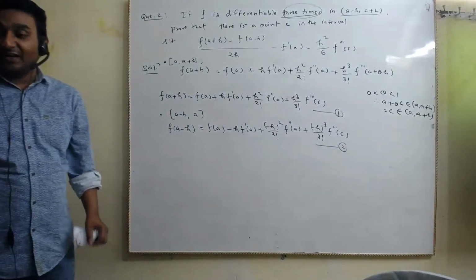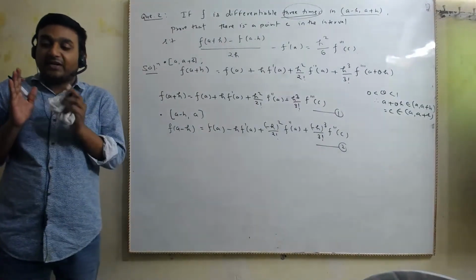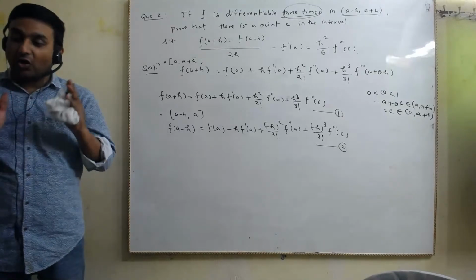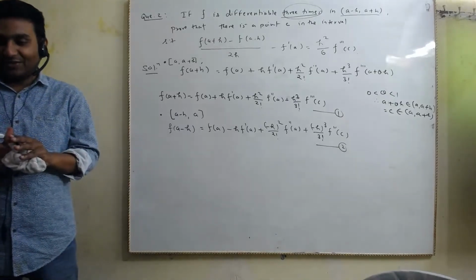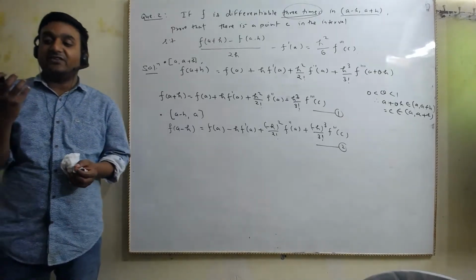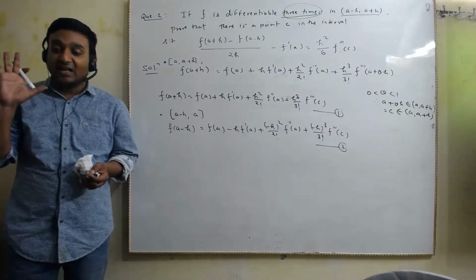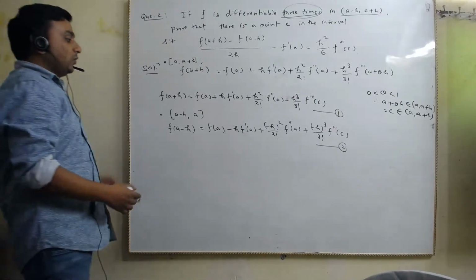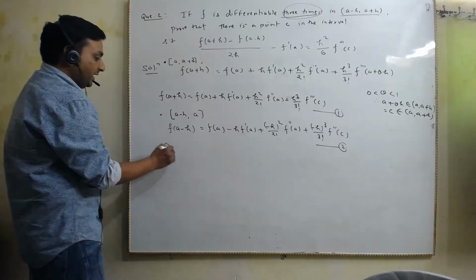C is a point which is in the interval a to a plus h or a minus h to a, right? That is the representation for a plus theta h.